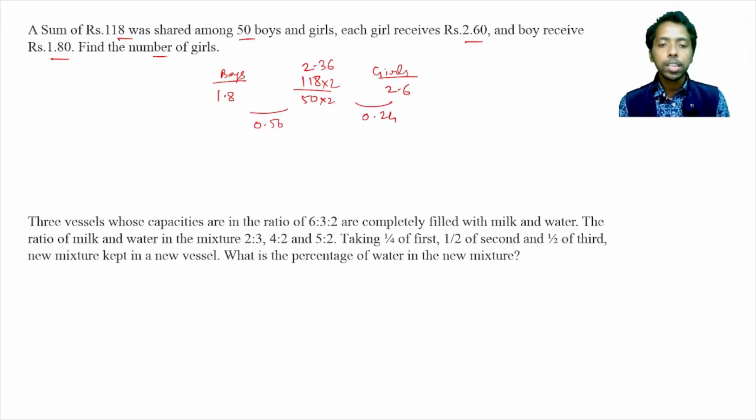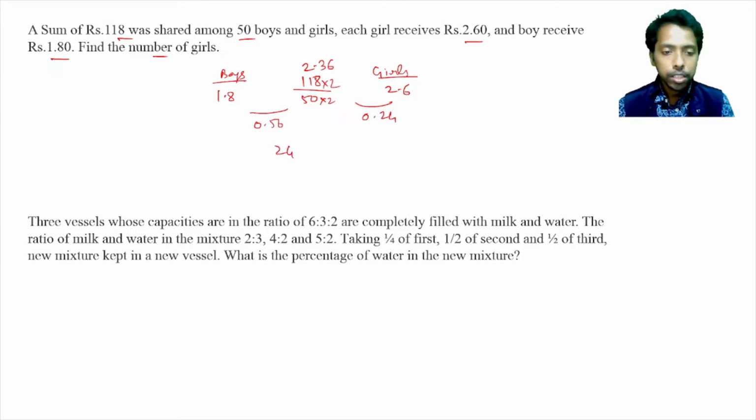One thing I have already discussed in our earlier session: the balancing point is close to whichever portion should have the higher weightage. Here you can see 2.36 is close to 2.6, not 1.8, because the difference here is less, 0.24.